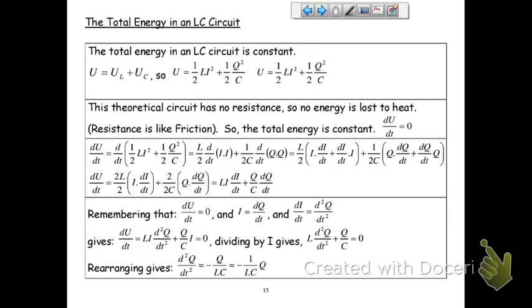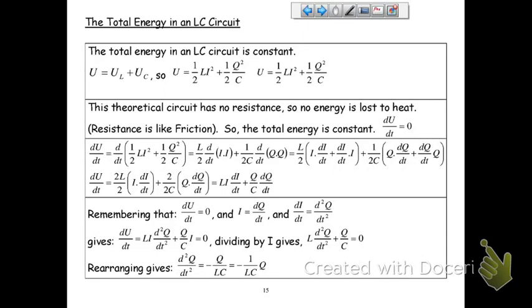So this is L over 2 times I di by dt plus di by dt times I, and so on. Again, you don't have to repeat this. So dU by dt equals 2L over 2 I di by dt plus 2 over 2C q dq by dt, which gives us L I di by dt plus q over C dq by dt.